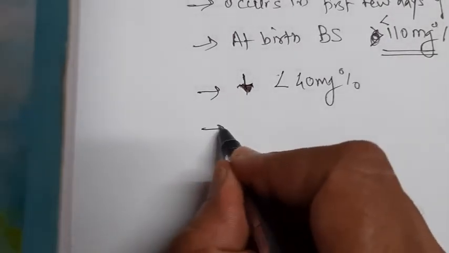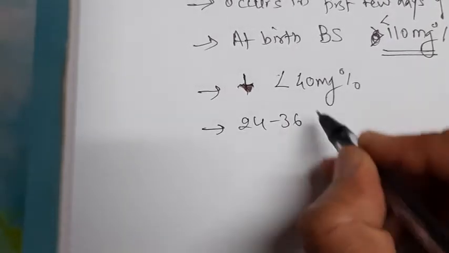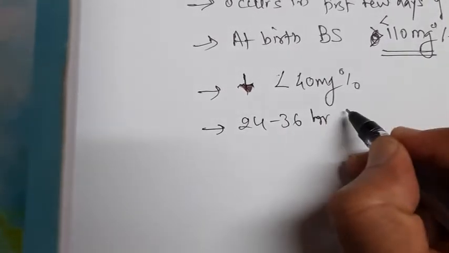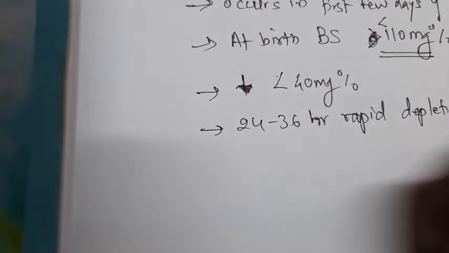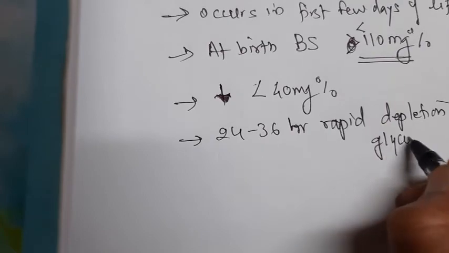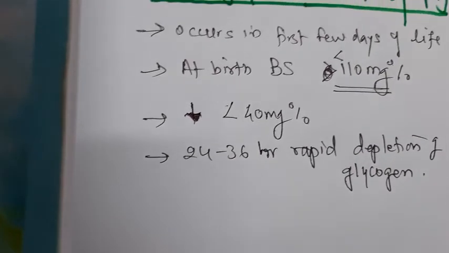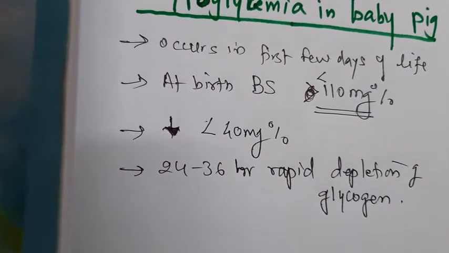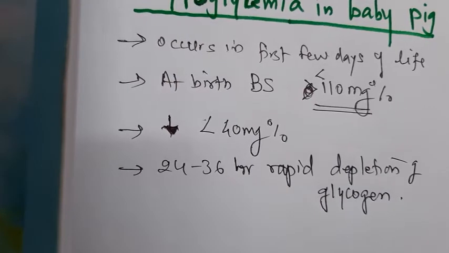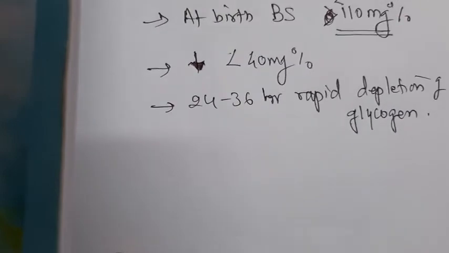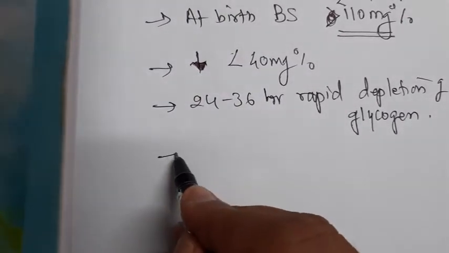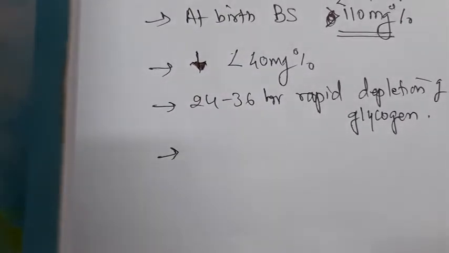Within 20 to 36 hours there is rapid depletion of glycogen in pig. Generally the glycogen stored in the liver rapidly declines, about 24 to 36 hours after birth.